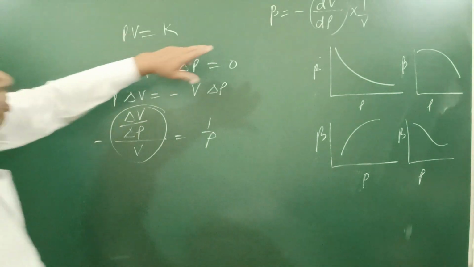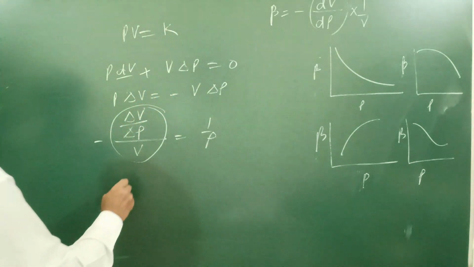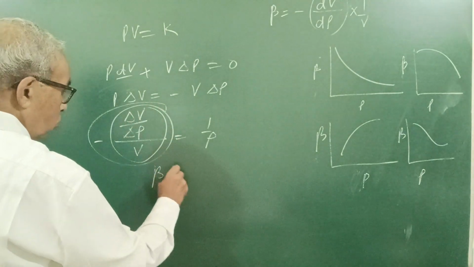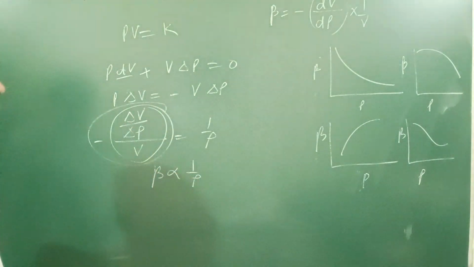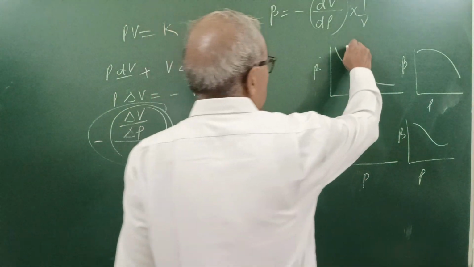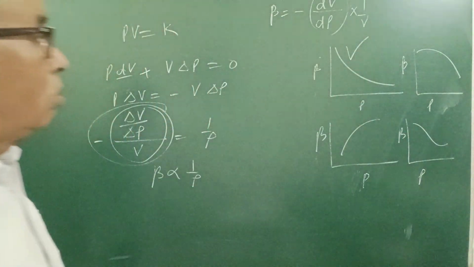So beta is proportional to 1 upon P, which means if P increases, beta decreases. So this graph is true for this.